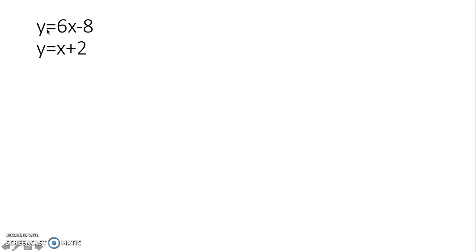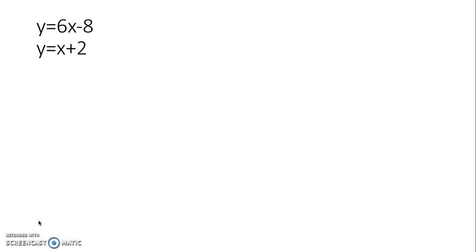Alright, step 2 is to substitute the expression. So y is equal to 6x minus 8. We're going to substitute 6x minus 8 into the other equation for that variable. Let me show you what I mean by that.